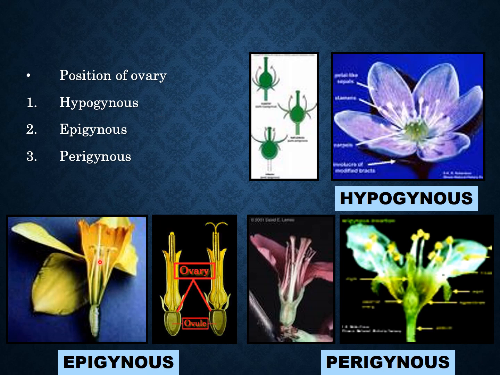When the ovary is present below the calyx and corolla, the ovary is inferior, and the flower is called epigynous, like this. And when the ovary is half superior and half inferior, the flower is called perigynous.